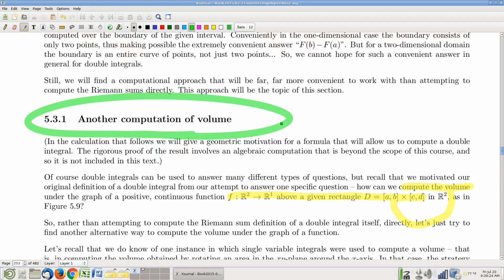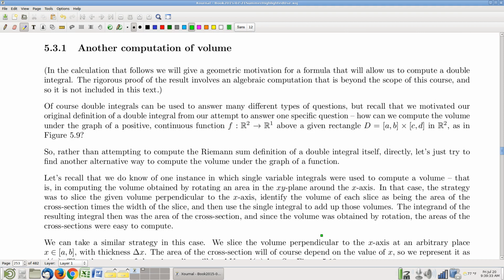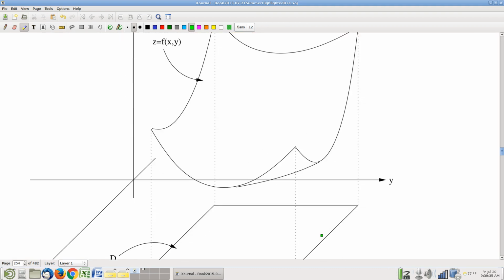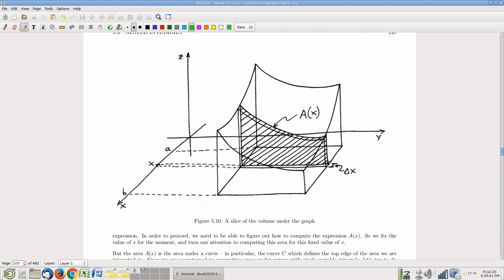Right? So I'd like to come at it from a different point of view now. How else might I compute the volume under a surface? And again, specifically a graph. So here's our picture, and here's the strategy I'd like to take, and that is, let's just slice it one way.